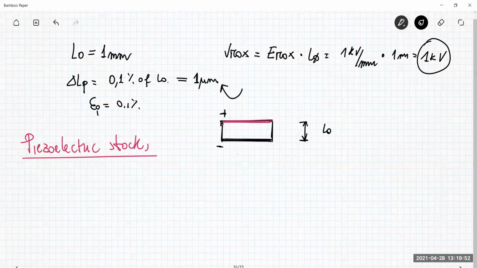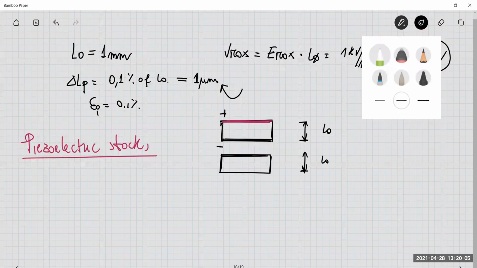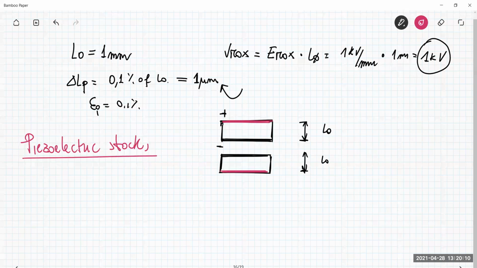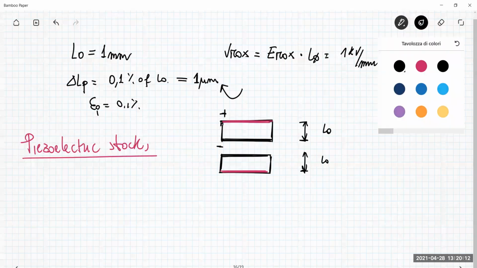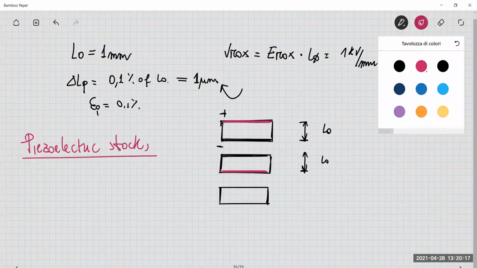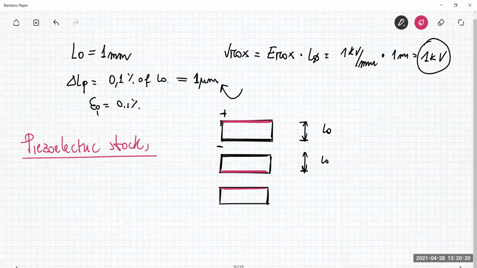Here I have another one, the same length, and suppose that now I have the negative here and the positive here, and so on. Positive here, negative here, etc., up to the last one.